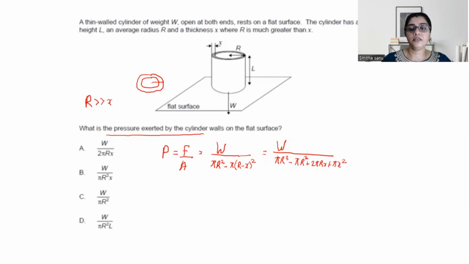So if you can see here, you can cancel the terms pi r squared. And since x is much, much less than r, I can neglect the x squared term. It is already a small term and you're squaring it. It is negligible. So the answer is W over 2 pi rx, which is 8.